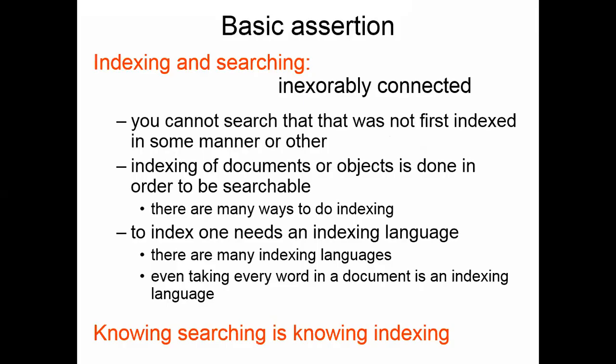So indexing and searching are totally connected. Without indexing, there is no searching. Without searching, there is no indexing. Why? First of all, we think about indexing because there is searching. Then when you are thinking about searching, there should be indexing. Then if there is indexing, we have to design searching.